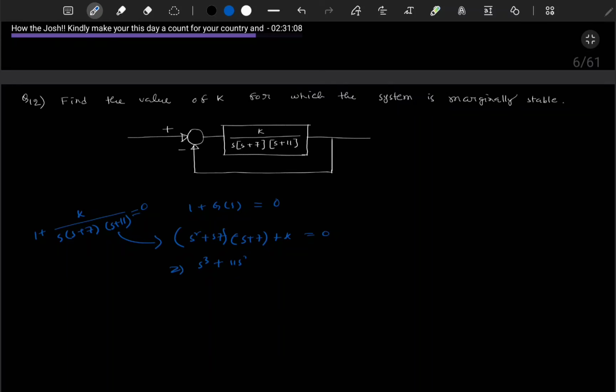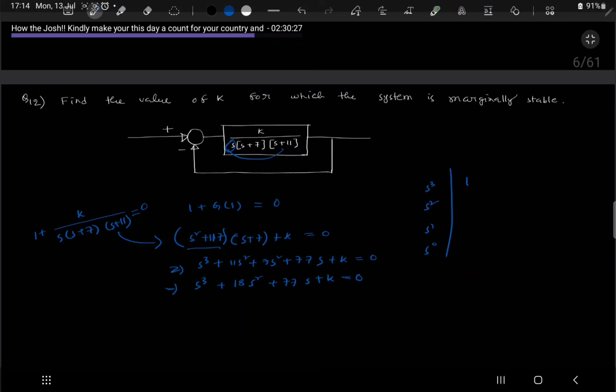Now s square plus 18s plus 77 plus K equal to 0, we are multiplying this with this to get this.